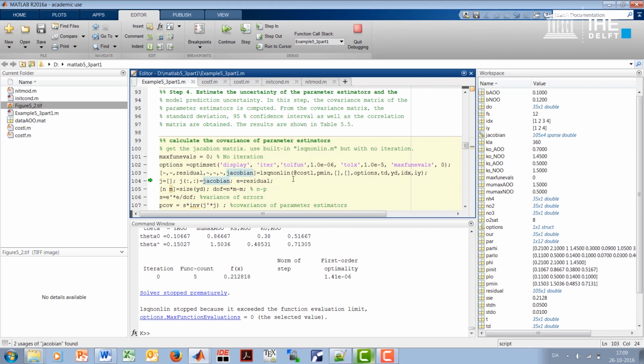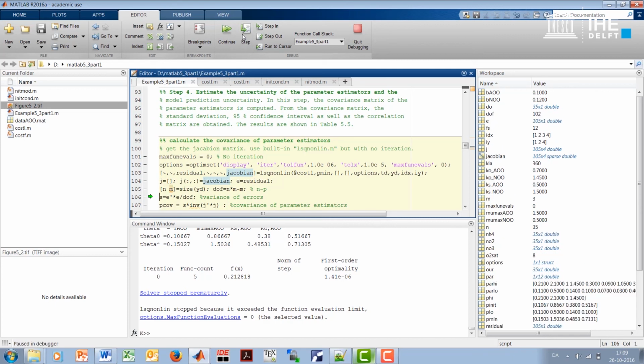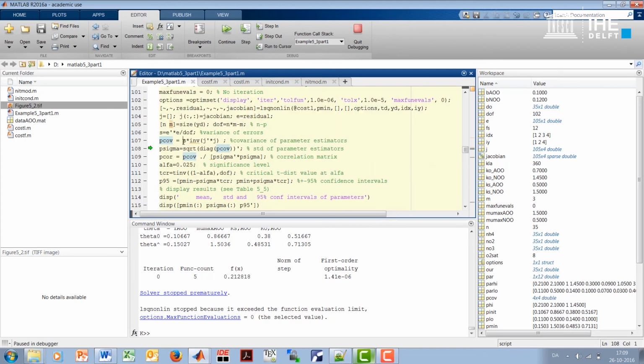In the next step, the covariance of the parameter estimators are computed. For this, LSQNONLIN.m is used with no iteration that computes the Jacobian at pmin, the optimal solution.